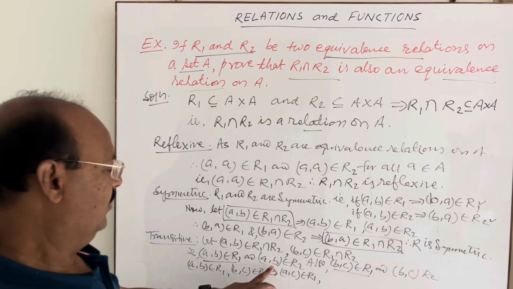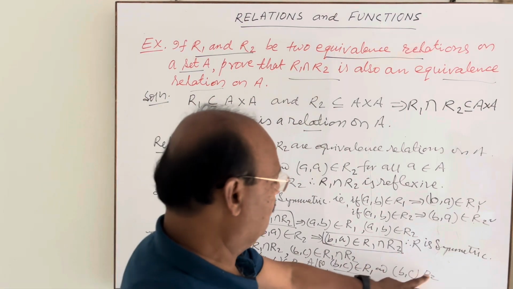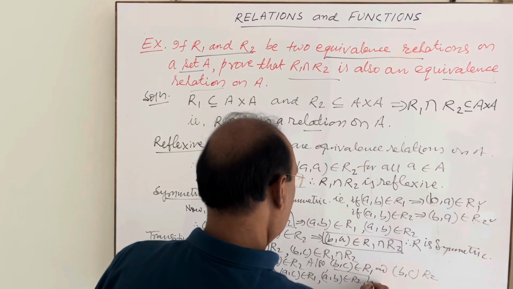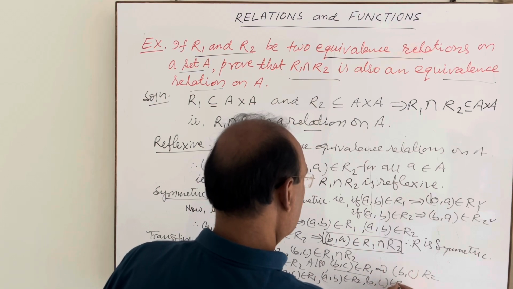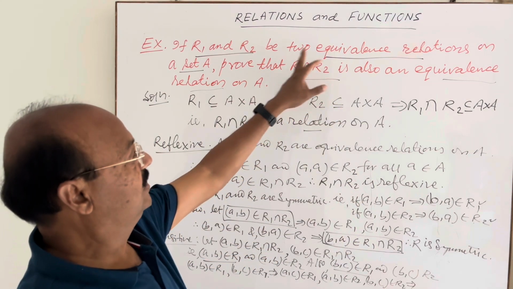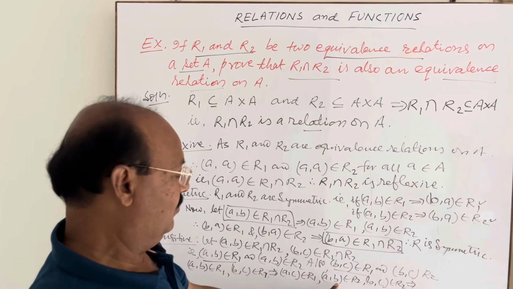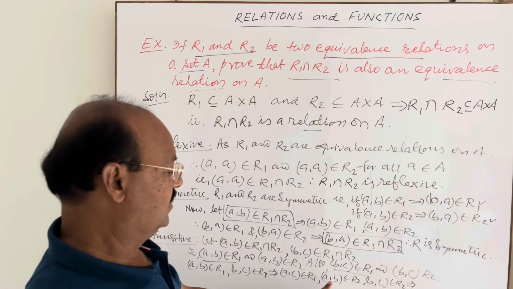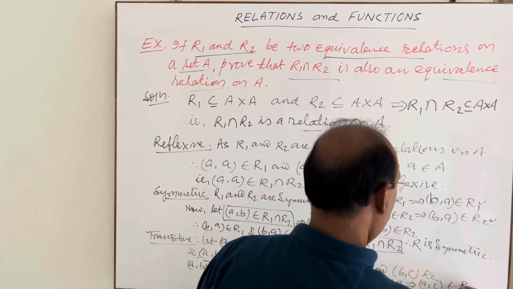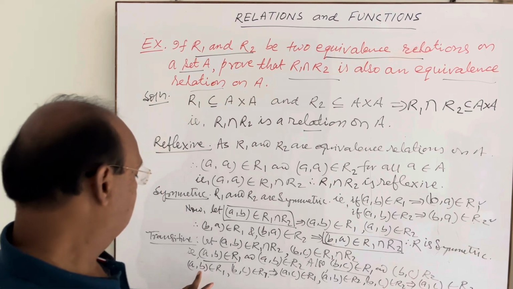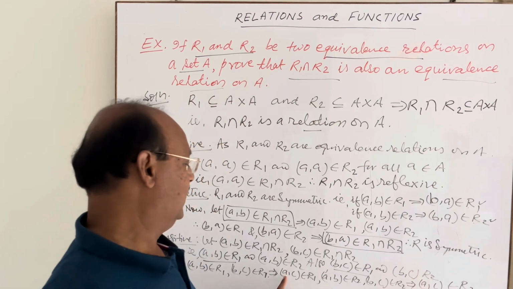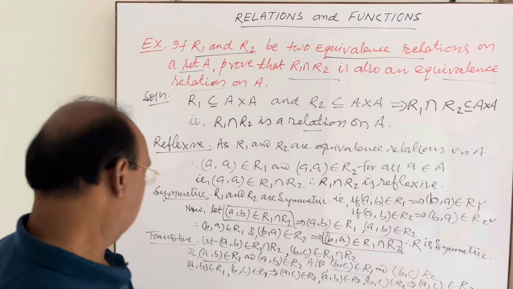Similarly, (a, b) belongs to R2 and (b, c) belongs to R2. This implies that, since R2 is also an equivalence relation and so transitive, (a, c) belongs to R2. Here (a, c) belonging to R1 and (a, c) belonging to R2 shows that (a, c) belongs to R1 intersection R2.